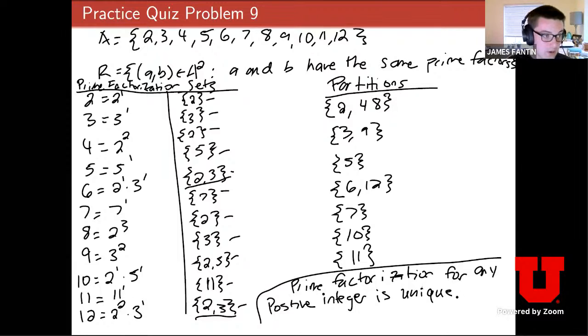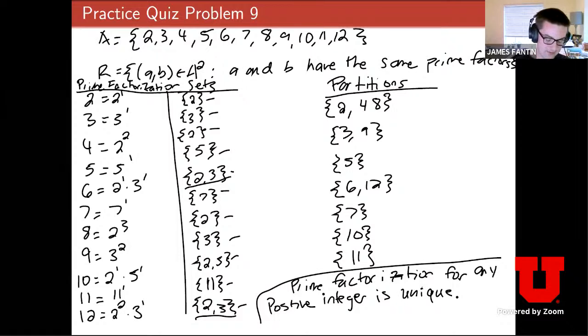So there is one and only one prime factorization for every positive integer. The same is true for the negative integers up to multiplying through by a negative. So this is why we're guaranteed. We can't mess it up because the prime factorization is unique.